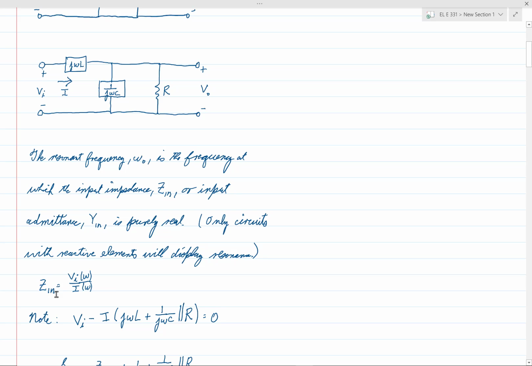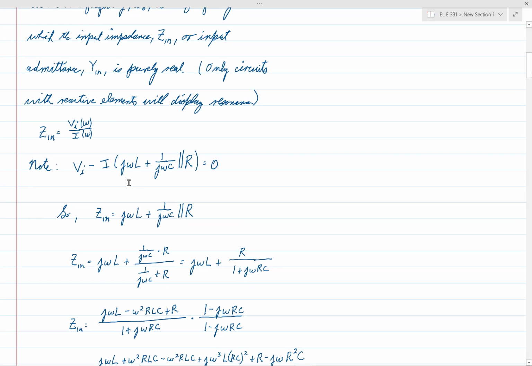Okay, so the input impedance, what we mean by that is simply the Fourier transform of Vi divided by the Fourier transform of the current going into the circuit. Now, if we use Kirchhoff's voltage law, we see that we have Vi minus I times (j omega L plus 1 over j omega C in parallel with R) is equal to 0.